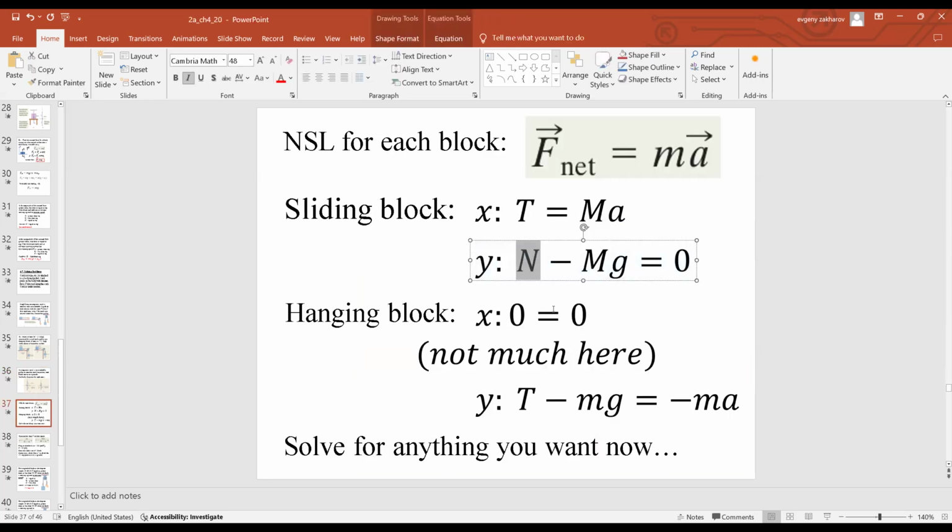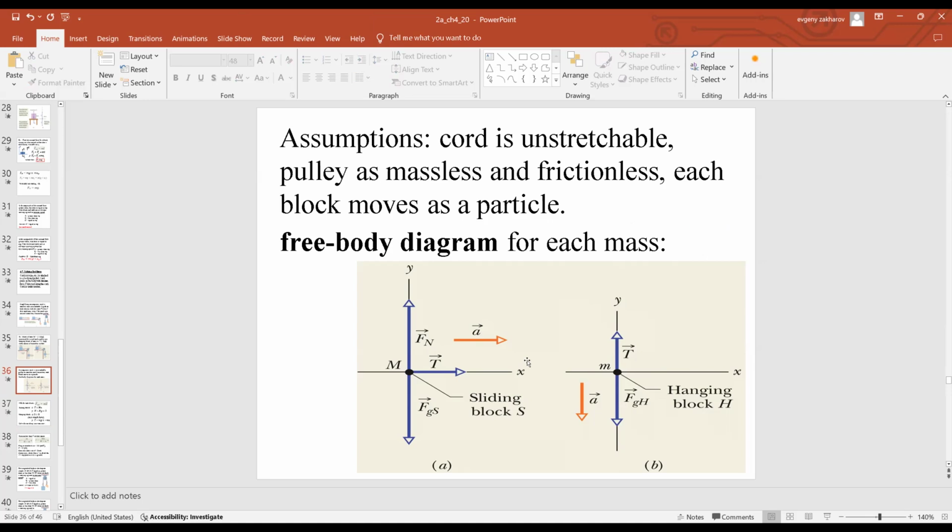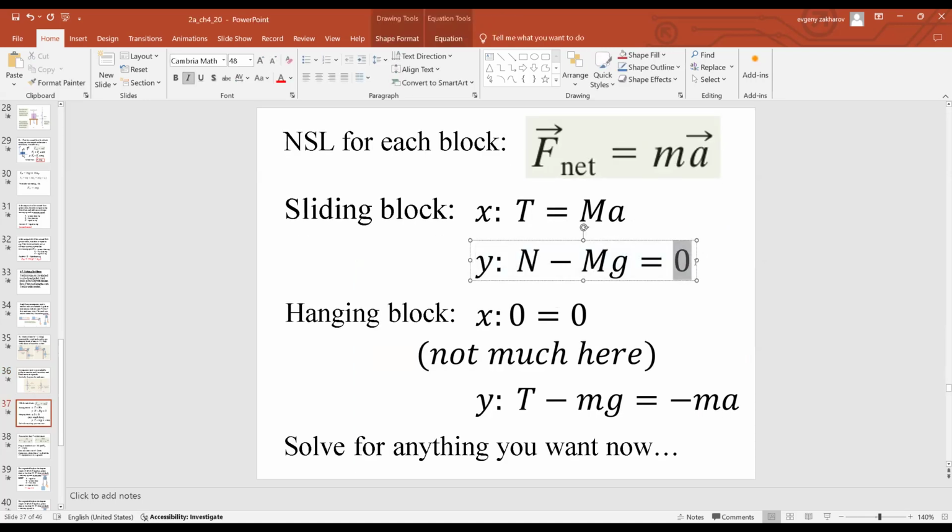It's just the normal that is positive and the gravity that is negative. And what do you say for acceleration acting onto the y-axis? Acceleration is perpendicular onto the y-axis, so its component on the y-axis is 0. Every time a vector is perpendicular to a certain axis, its component is 0 for that axis. So 2 equations for Newton's second law, dynamics for the sliding block.